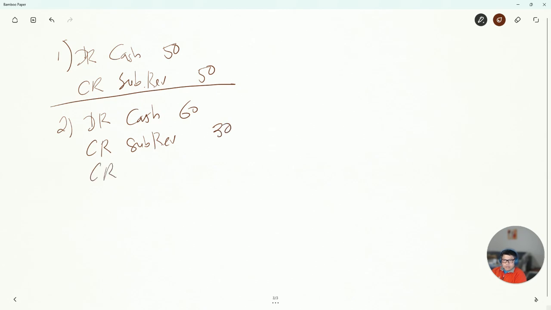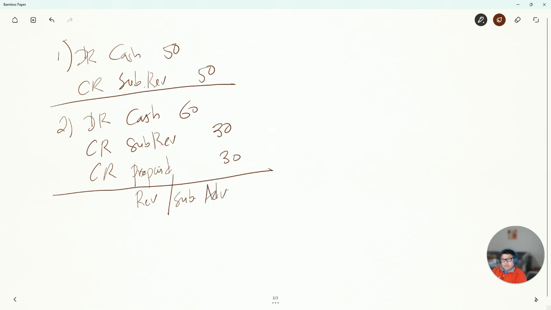The other $30 is what we call prepaid revenue, because they pay money first and then we provide the service later. Sometimes they call it deferred revenue or prepaid revenue, or in here what they call is subscription advance.